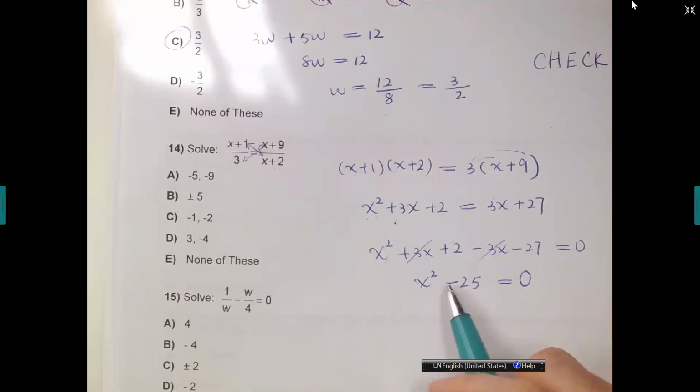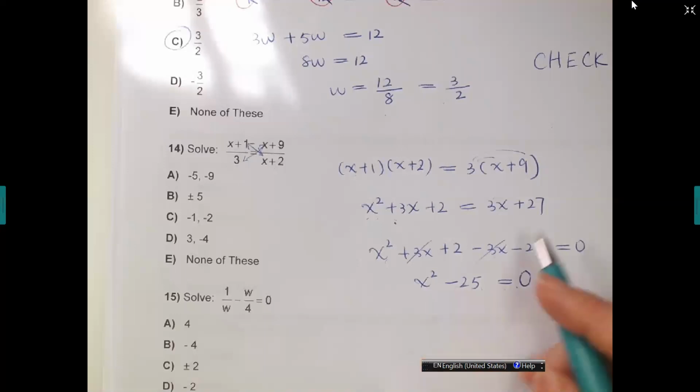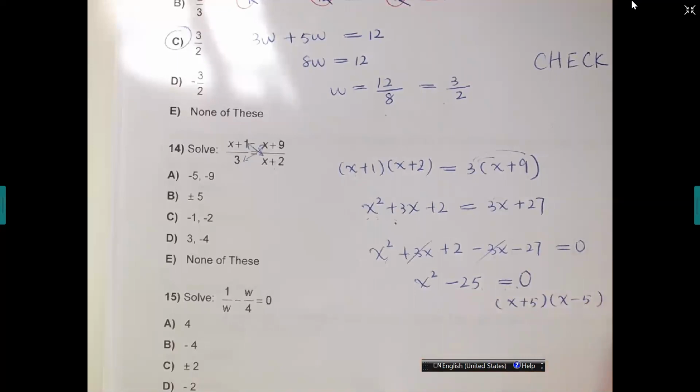To solve a quadratic equation when the right side is 0, we just need to factor the left side. How do we factor this? x plus 5 times x minus 5 equals 0.